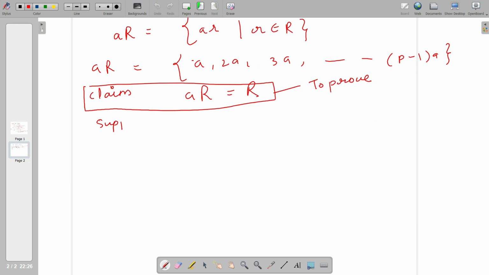To prove this, let's suppose we have two numbers and we write nA is congruent to mA mod P. When nA is congruent to mA mod P, it is possible only when n and m are the same.